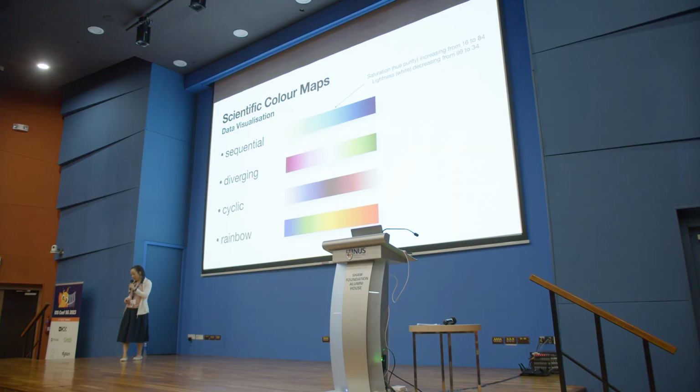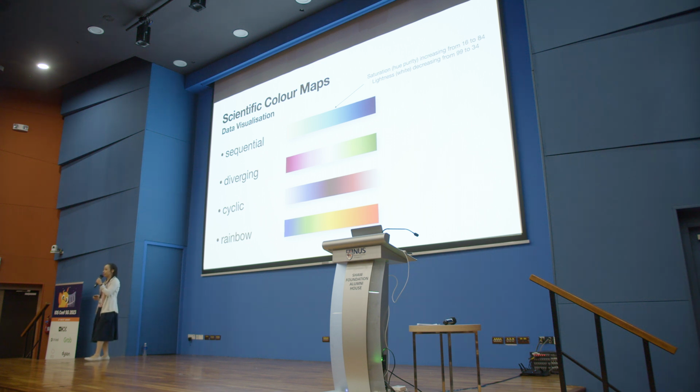There are also other types of color maps. For instance, there are diverging color maps, which you've probably seen quite a lot. If you have a reference value and then values that fall below or above it and change, you could use a diverging color map. There are also cyclic color maps.